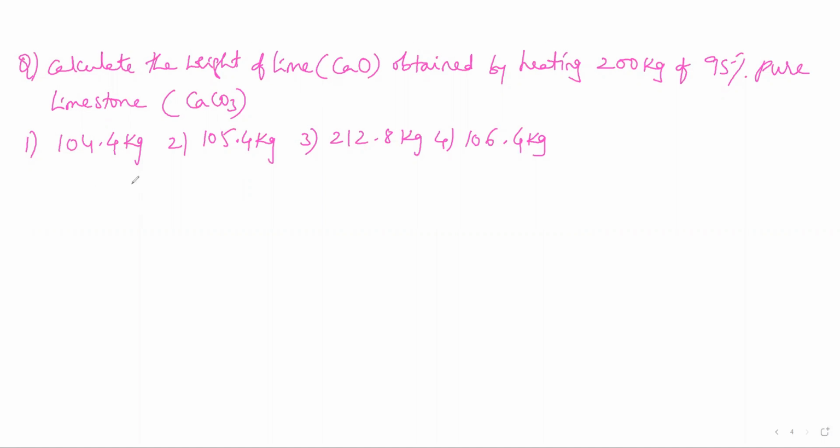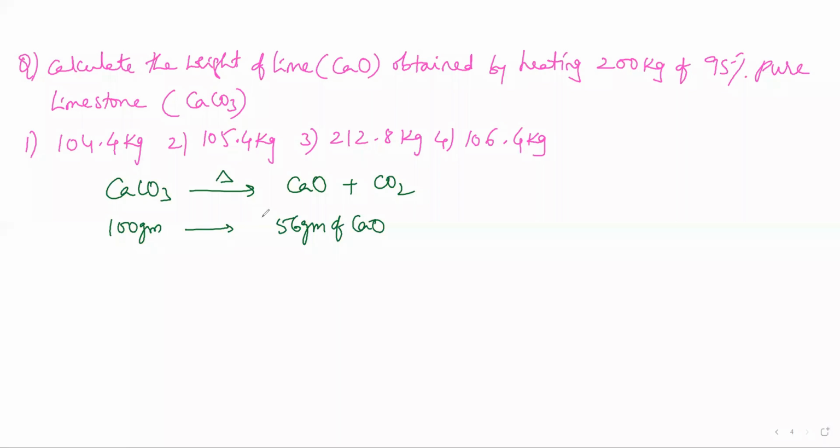So what happens if you heat pure limestone? Limestone is CaCO3, which upon heating gives CaO plus CO2. Now this is the equation. So what is the molar mass of CaCO3? 100 grams. 100 grams of CaCO3 gives Ca 40 plus 16, 56 grams of CaO.